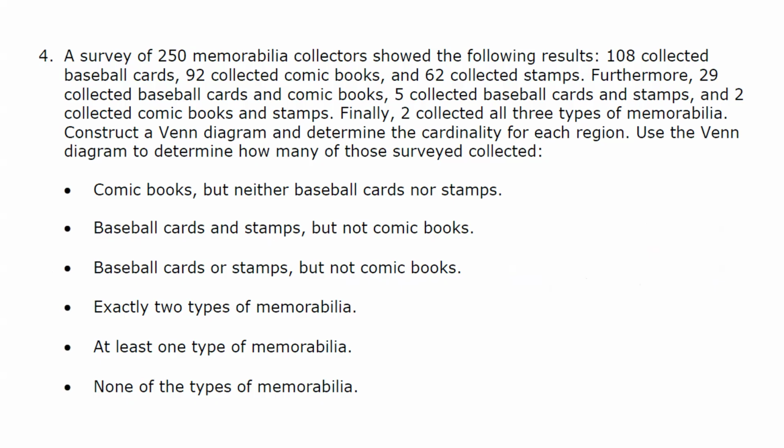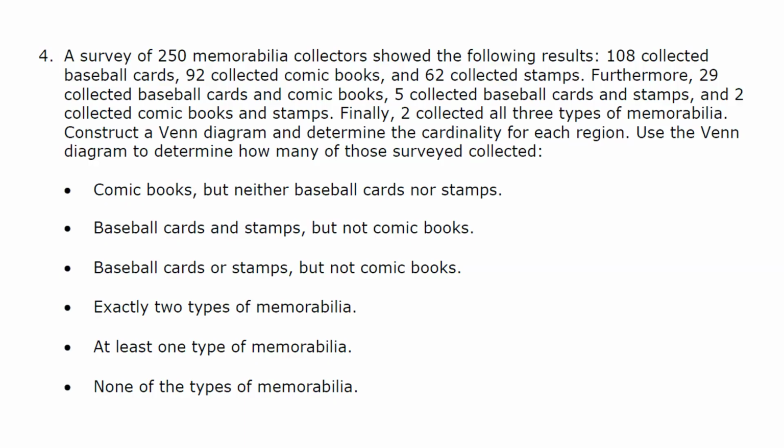Okay. A survey of 250 memorabilia collectors showed the following results. 108 collected baseball cards, 92 collected comic books, and 62 collected stamps. Furthermore, 29 collected baseball cards and comic books, 5 collected baseball cards and stamps, and 2 collected comic books and stamps.